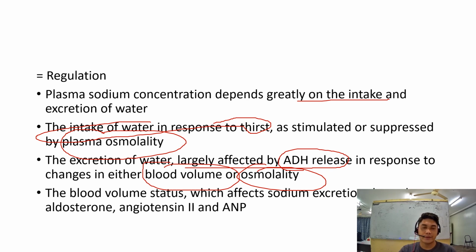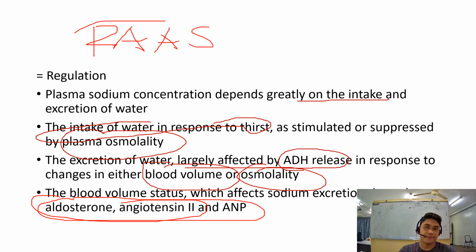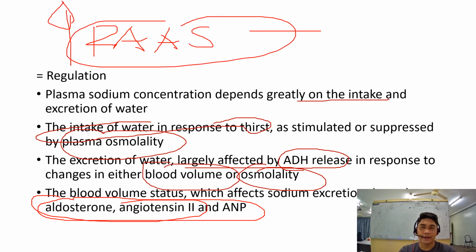Regarding aldosterone and angiotensin 2, they are part of the renin-angiotensin-aldosterone system. If there's activation of RAAS, the effect is increased blood volume and increased sodium concentration.